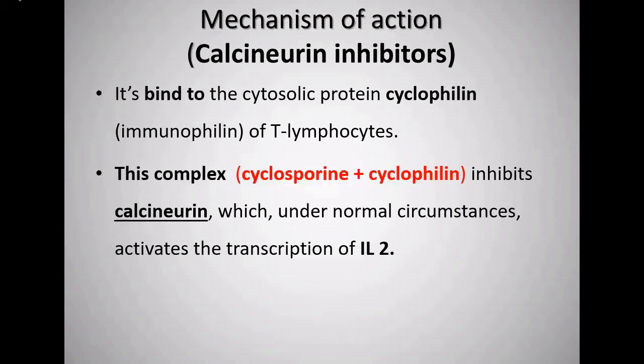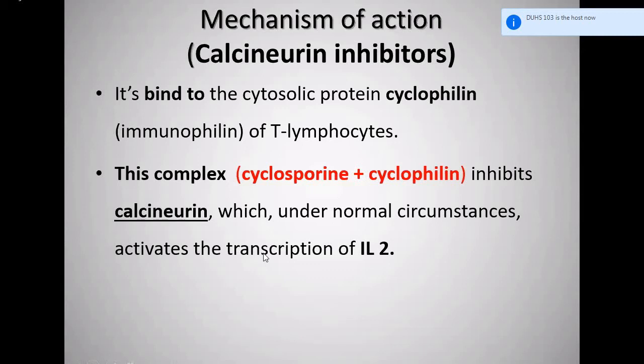The drug cyclosporine first goes into the T lymphocytes, where there's a protein known as cyclophilin. It first binds to the cyclophilin, and they form a complex, cyclosporine plus cyclophilin. This complex basically inhibits the calcineurin.